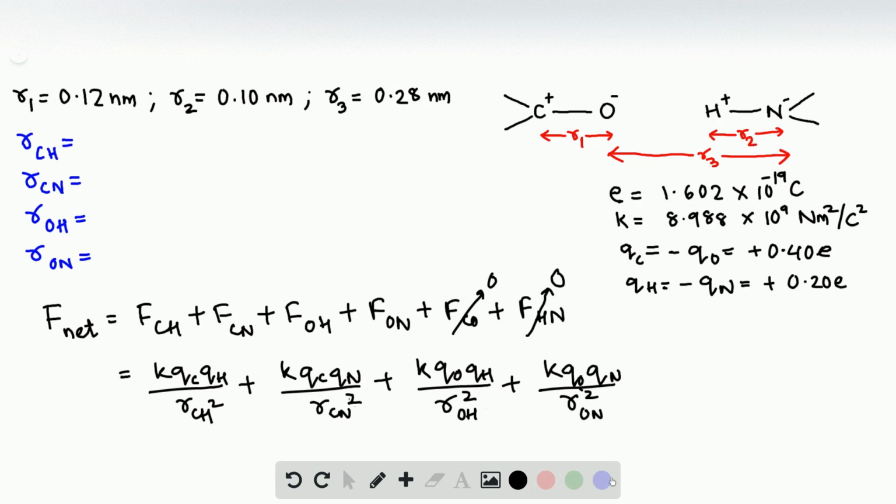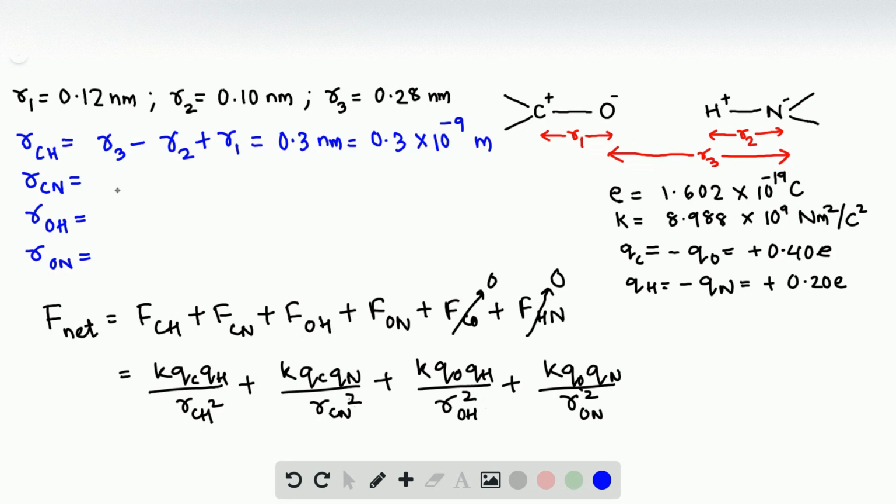So R_CH will be basically equal to R3 minus R2 plus R1, and this gives me 0.3 nanometer, or in SI units this is 0.3 times 10 to the power minus 9 meter.